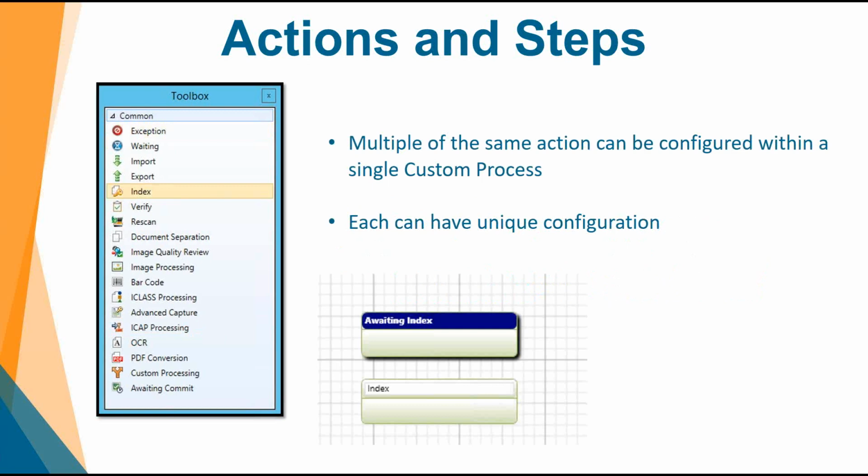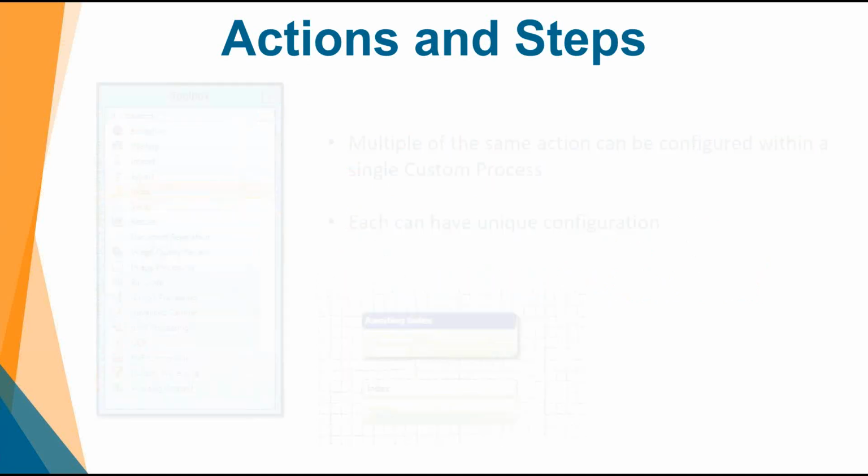With the simple drag and drop functionality that I'll be demonstrating later, you can add as many actions as you would like to your custom scan queue. Also, each one of these steps, once implemented, has their own unique properties pane that will be displayed, which I noted earlier.